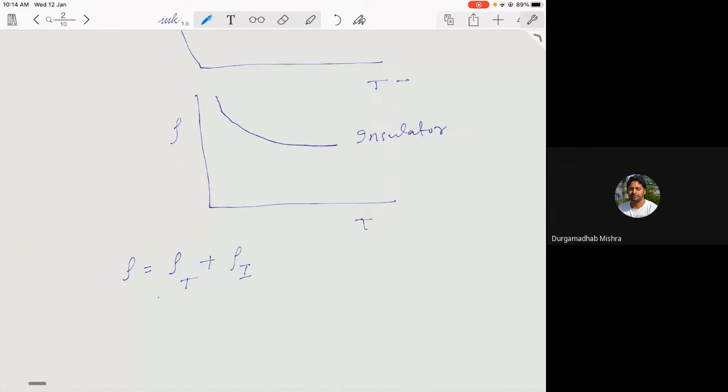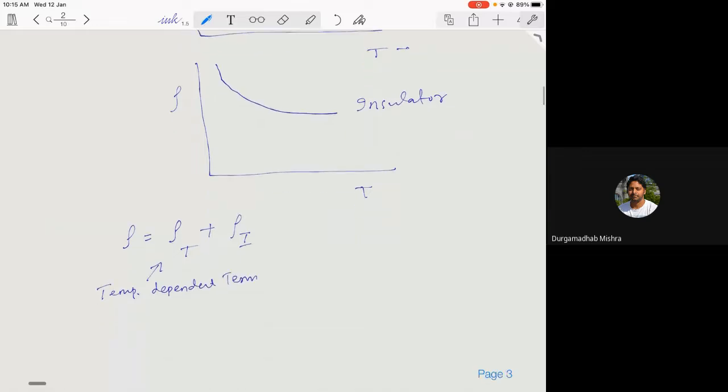The temperature dependent term is due to electron and ion interaction, or the atom interaction. You can also have electron and electron interaction.